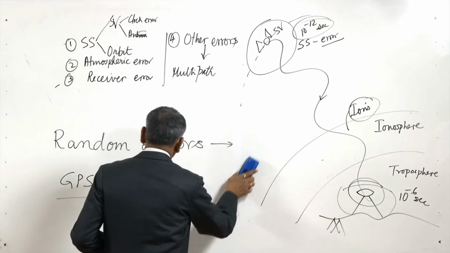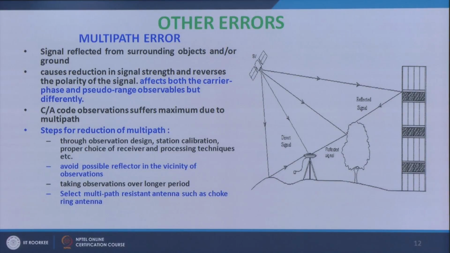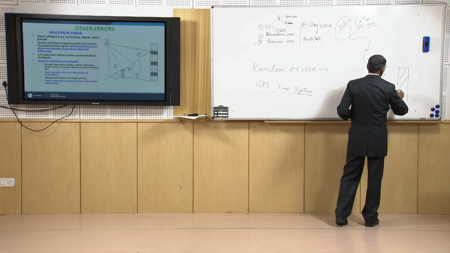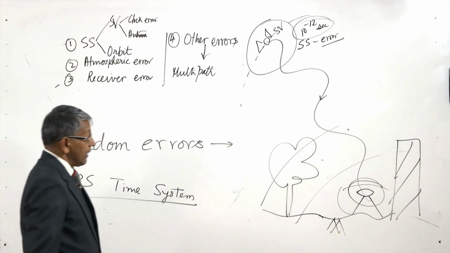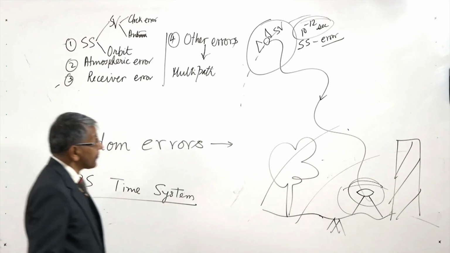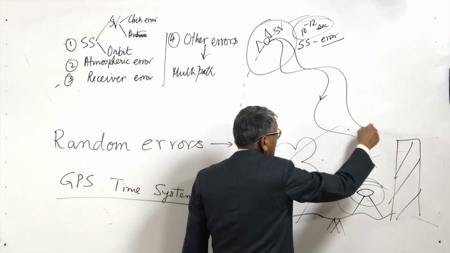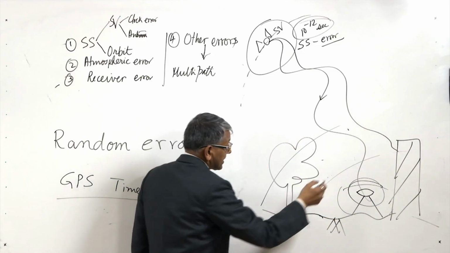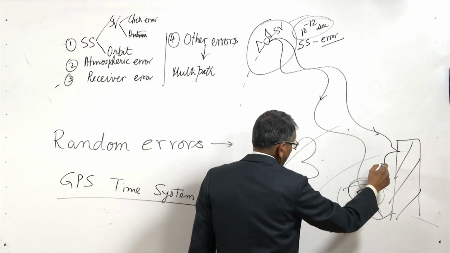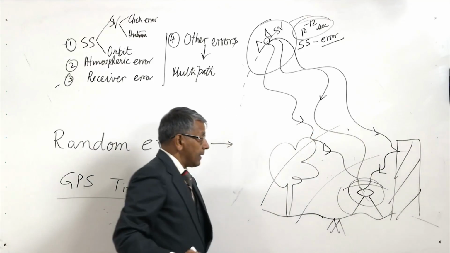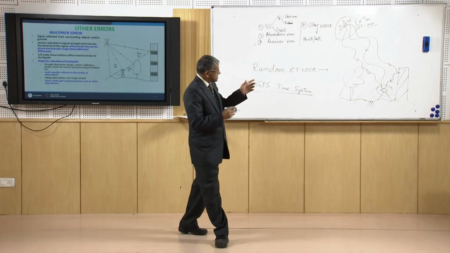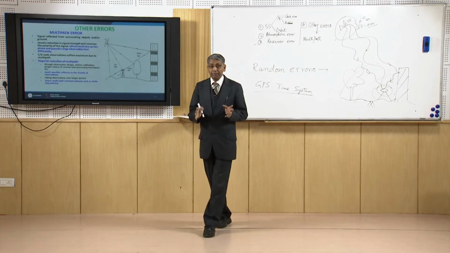What is multipath error? Sometimes we set up the instrument near some building or some tree, and signals from GPS will not only come directly to the receiver, but will also get reflected from adjoining buildings or trees. This phenomenon is known as multipath.